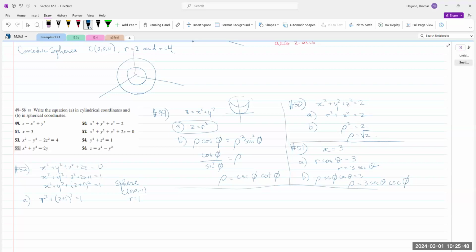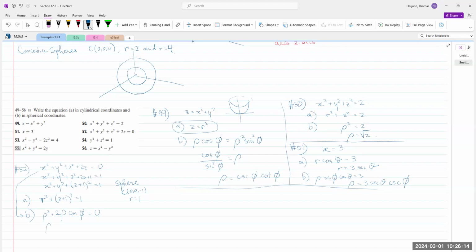However, for the spherical, I will play with x squared plus y squared plus z squared, that's rho squared, while the z is rho cosine phi, equals 0. Is it right? Now I will factor rho out.